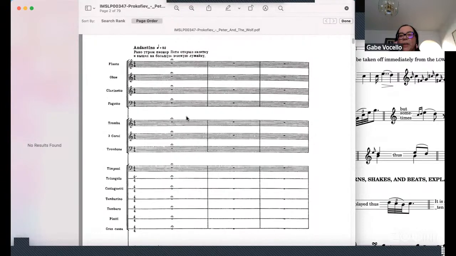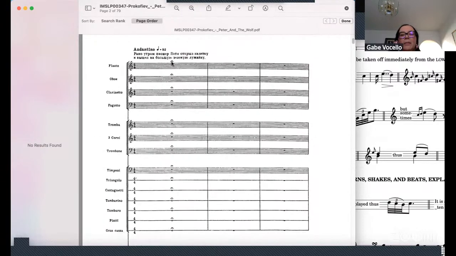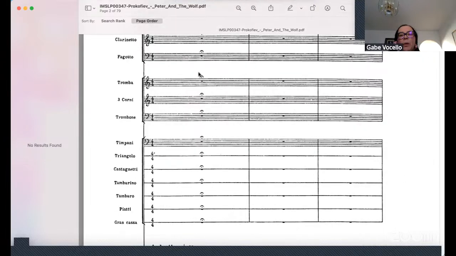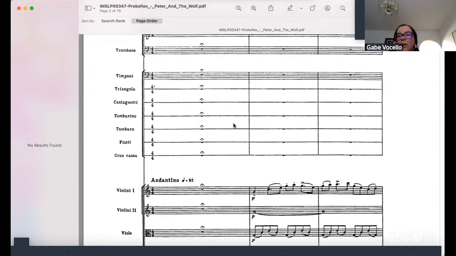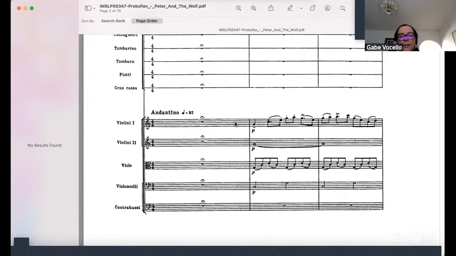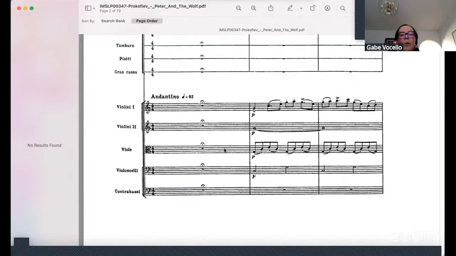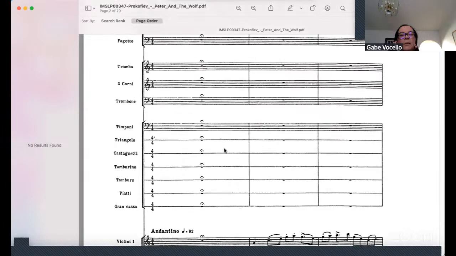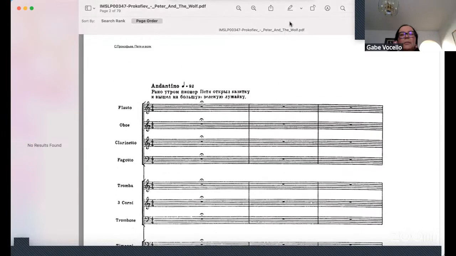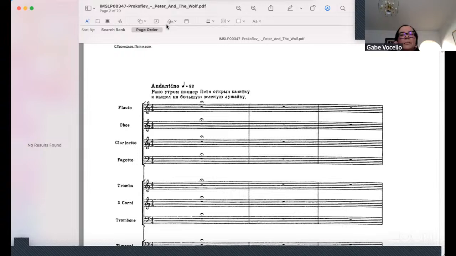Another thing, when you see this symbol here, the fermata symbol, on top of the rest on the entire bar, it is called GP, or grand pause.